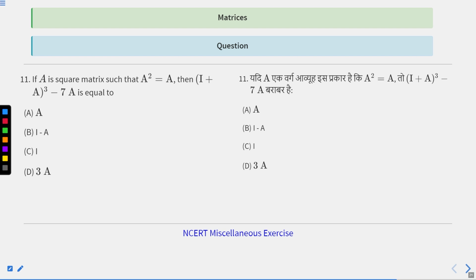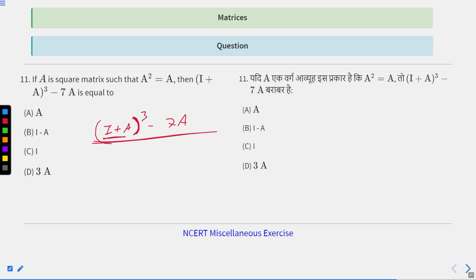If A is a square matrix and A square is A, then (I plus A) whole cube minus 7A is equal to what? Let us see. We have to expand this (I plus A) cube. First of all, A square is just A, so I can expand this.